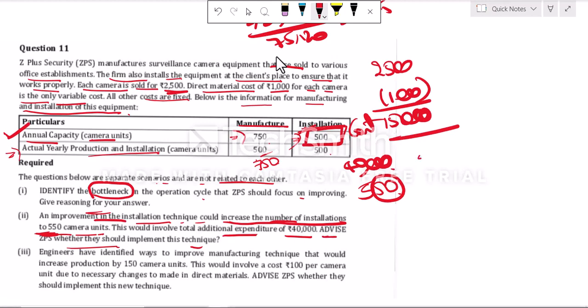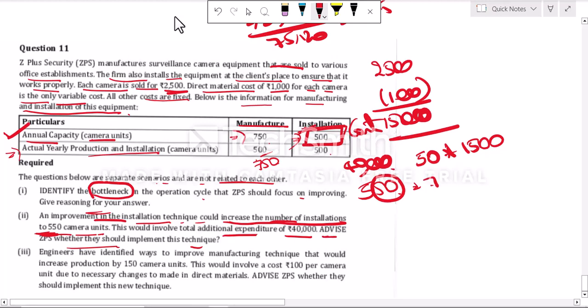So they are asking whether it is profitable or not. So how to calculate that? We can get 50 extra installations, and we get a contribution of 1500 per unit, no? So multiply that, how much will we get? 50 into 1500, 75,000, minus how much we need to incur for those extra units? 40,000.